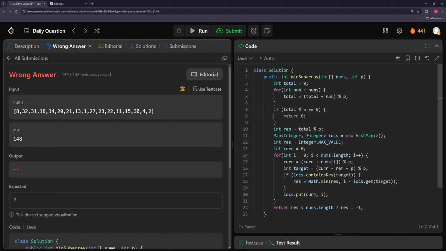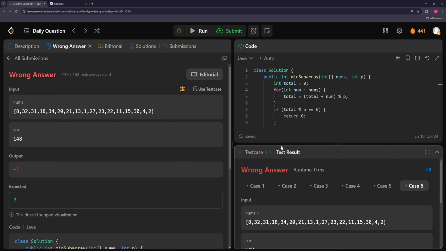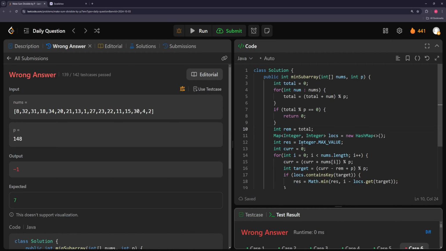Okay, so we get the remainder, which is what we want. And then this will basically just be total. It should be the same thing. Okay, so we get the locations. Oh, I forgot to store the empty array. Yeah, I forgot to store the empty array, I think is what it is.